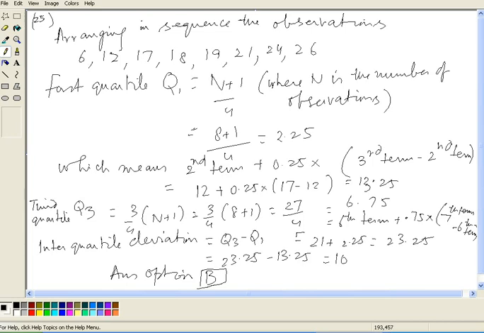Third quartile Q3 is 3 by 4 into (n plus 1), which on working is 6.75, which is sixth term plus 0.75 of (seventh term minus sixth term).